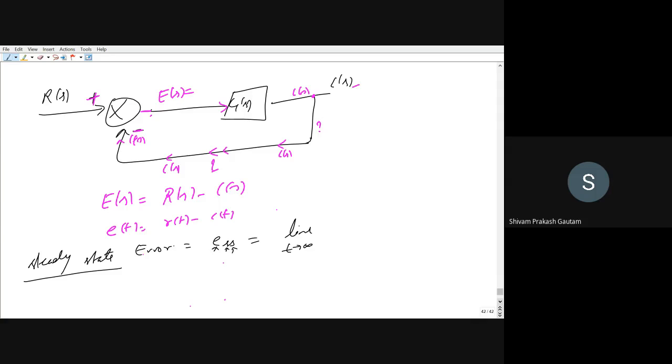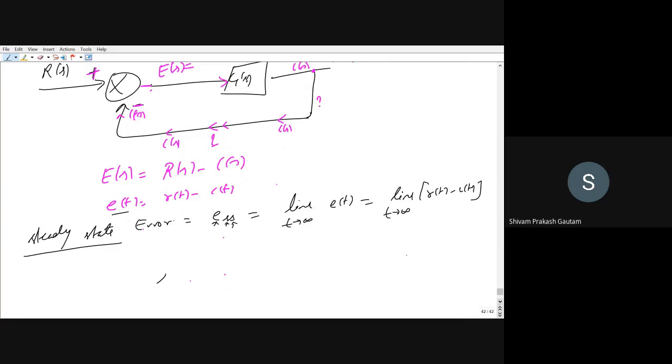So what is the error at steady state? That is why we are putting limit t tends to infinity of e(t), and e(t) is how much? You can substitute the value, that is limit t tends to infinity of r(t) minus c(t). This is our steady state error.